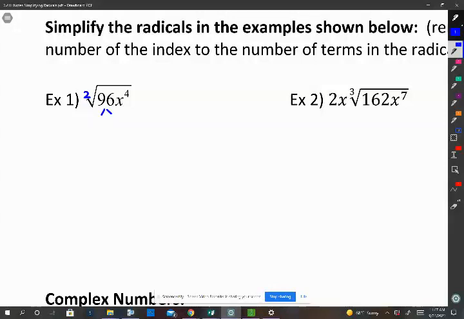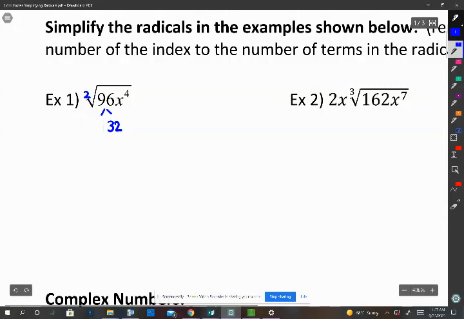It doesn't matter where you start because eventually you're going to break it down to all the prime factors. So you can start wherever you want. If I start with 3, then I know 96 divided by 3 is going to give us 32. 3 is prime, so it's going to stay where it is.